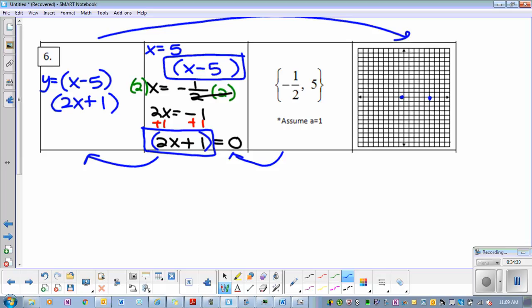Okay. Can you give me another point, please? Give me another point. What's another point? Anyone put it in the calculator? Put it in the calculator!